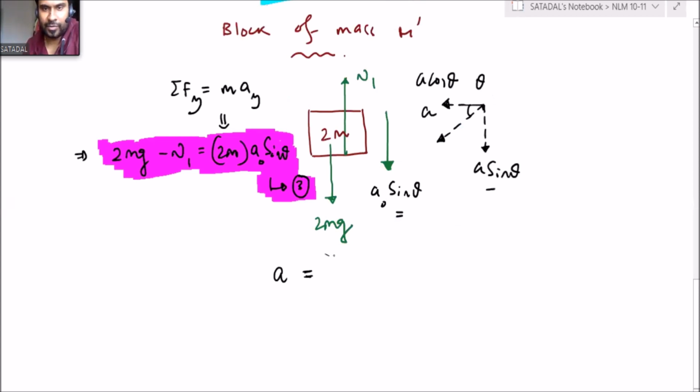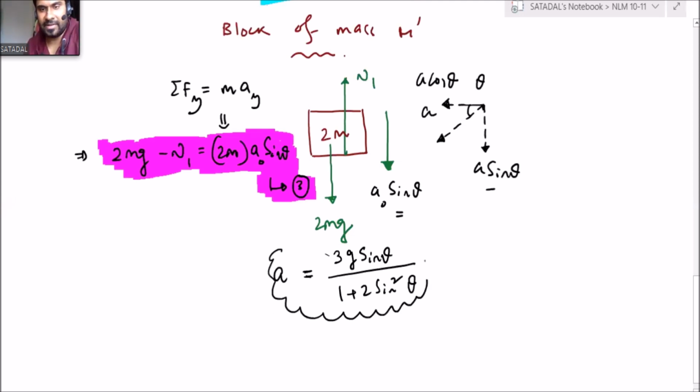How much is it going to be? If you calculate, let me write. This much is going to come: 3g sin theta divided by 1 plus 2 sin square theta.